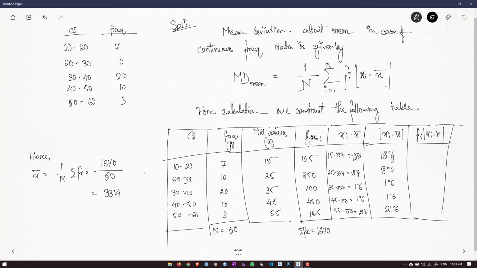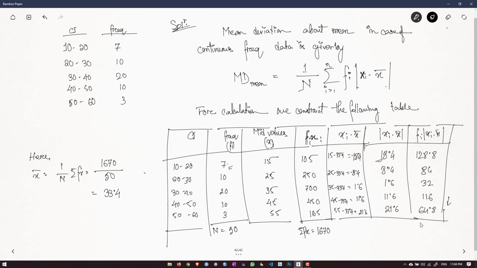And the last you have to multiply these values with the corresponding frequencies. That means 18.4 into 7, which is 128.8. 8.4 into 10, obviously 84. 1.6 into 20 will be 32, right? 11.6 into 10 will be 116, and 21.6 into 3 will give you 64.8, right?